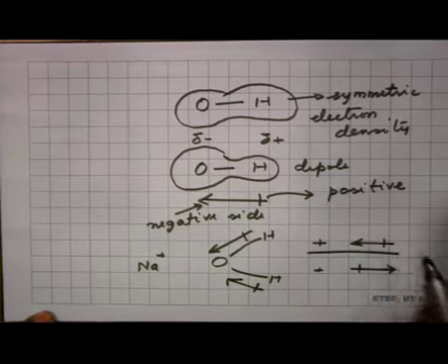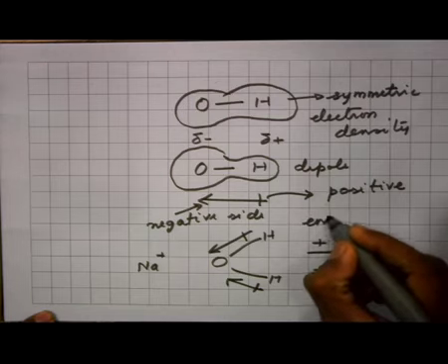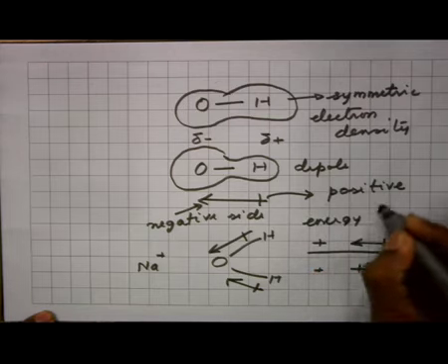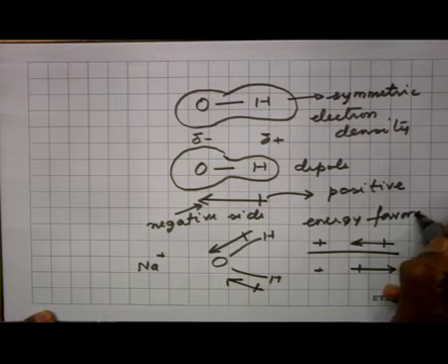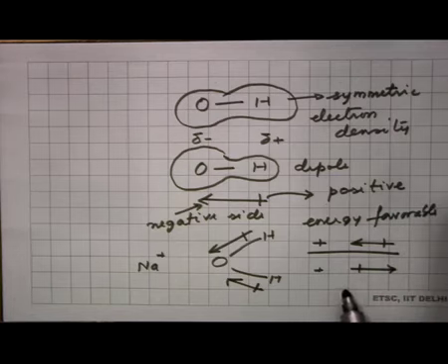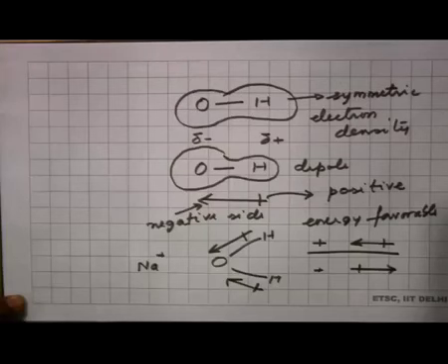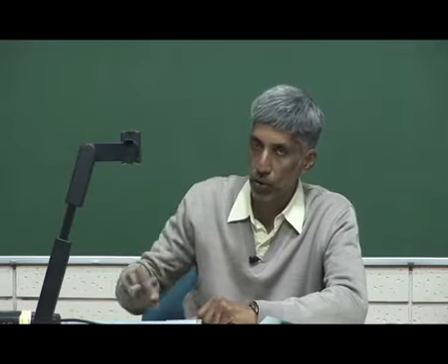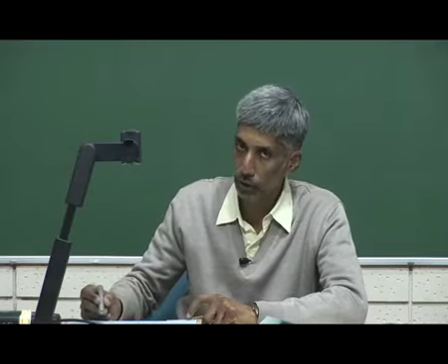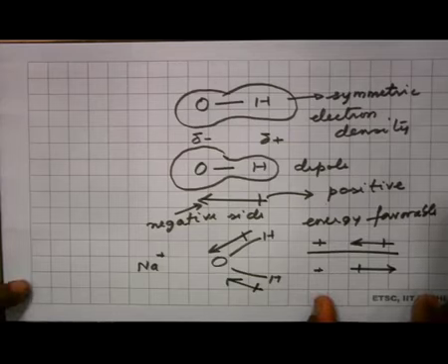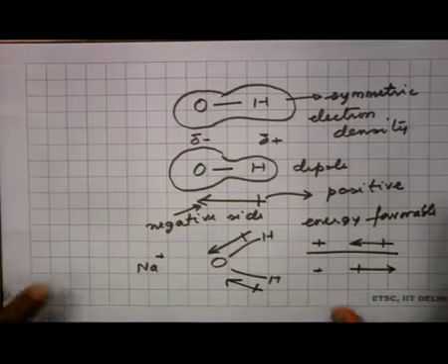This is energetically more favorable, whereas this is energetically less favorable. But because molecules are in motion, sodium ions move when in water, the water molecules also tumble. So, you are going to have situations where all of this exists in the solution.